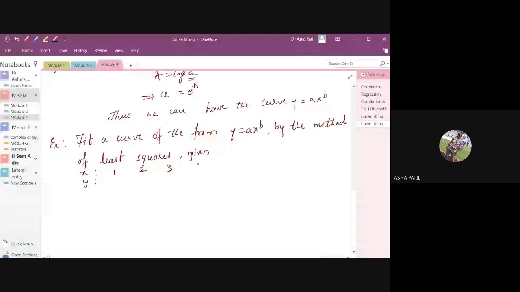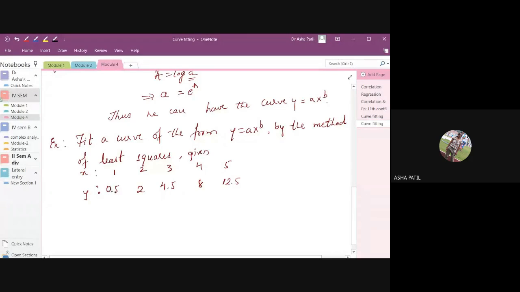Then corresponding values of y are 0.5, 2, 4.5, 8, 12.5.